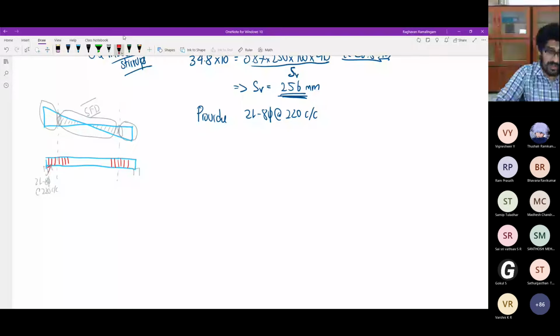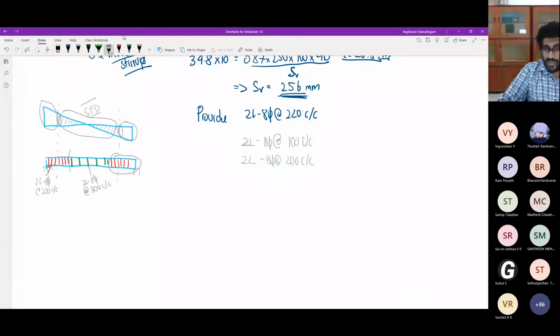They will give that 100 center to center in the part where the shear is more, and for the remaining part, they will make it 2-leg 8 mm stirrups at 200 center to center. They should ensure that wherever they start to double the spacing, the capacity of those stirrups is not less than the shear force at that location.